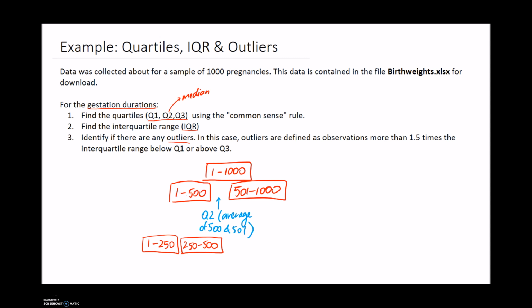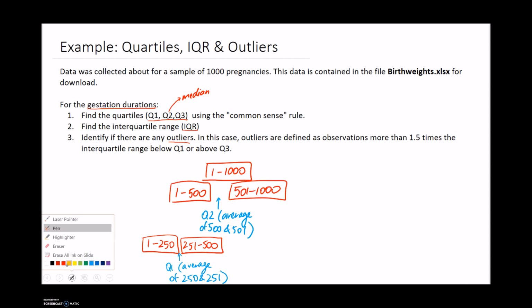Again, we've got an even number, 500, which means we're going to have to take the average of the two middle observations. So Q1 is going to be the average of the 250th and the 251st observation.